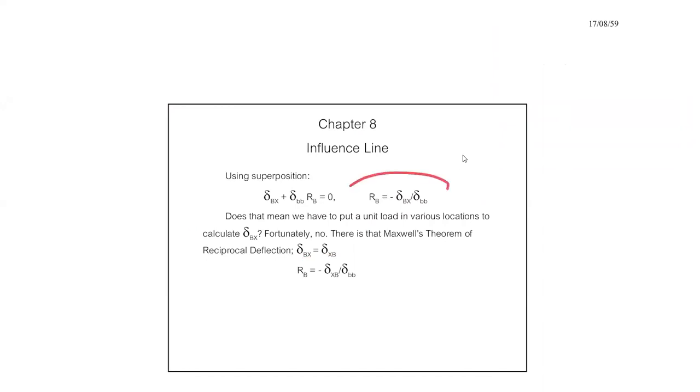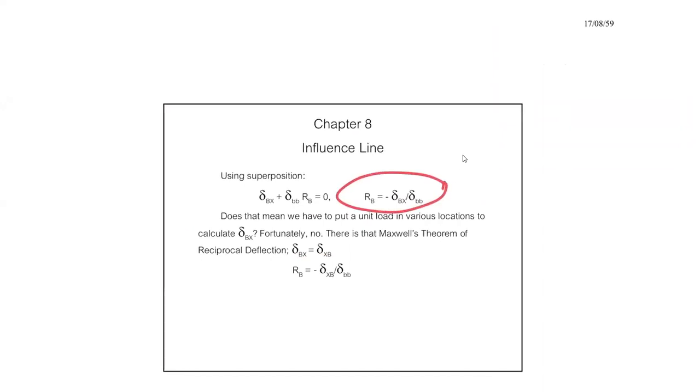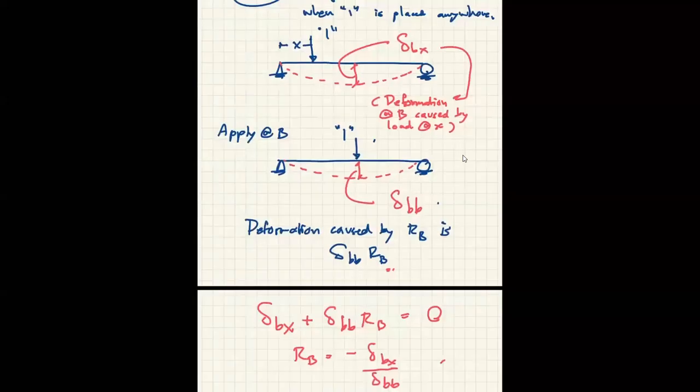My apologies, it is this one. But like I say here, it doesn't mean we have to put the unit load in various locations to calculate delta Bx. No, there is one theory called Maxwell's theorem of reciprocal deflection, meaning, go back to the note here.